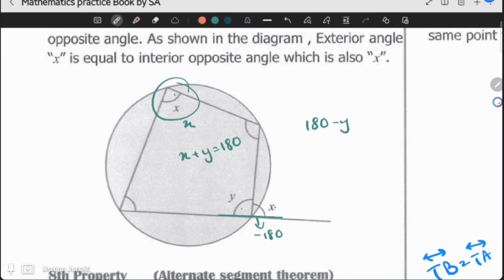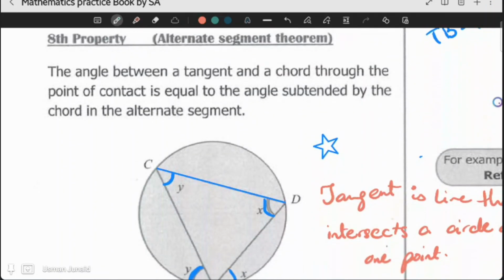Yes? And what is 180 minus y? X. Okay, sir. So the exterior angle of a cyclic quadrilateral is equal to the opposite interior angle. Okay?